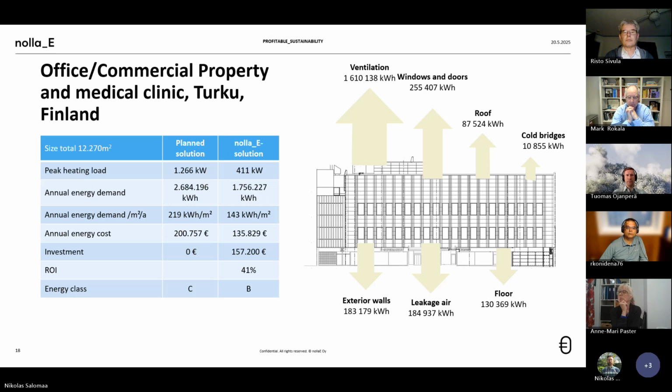But then about the value of property, here is a good example. This is a commercial property that also has a medical clinic on the top floor that we did in 2019. It's right in the city center of Turku, next to a walking boulevard.